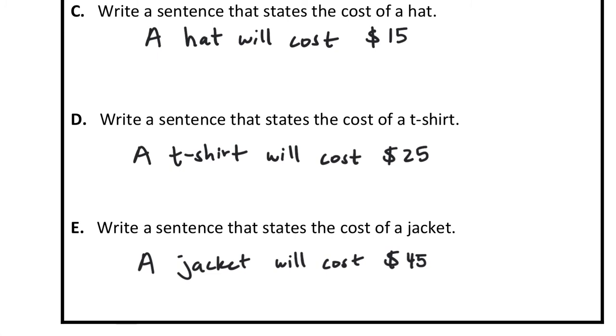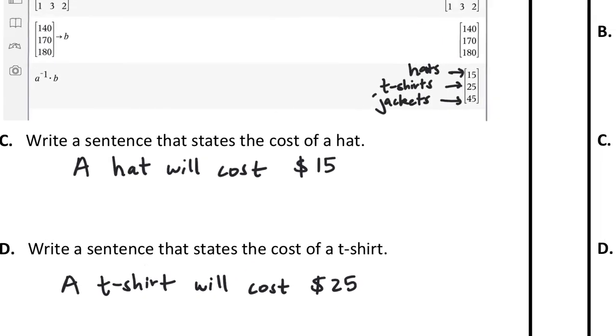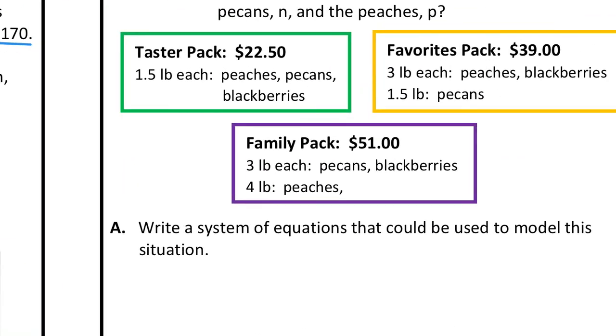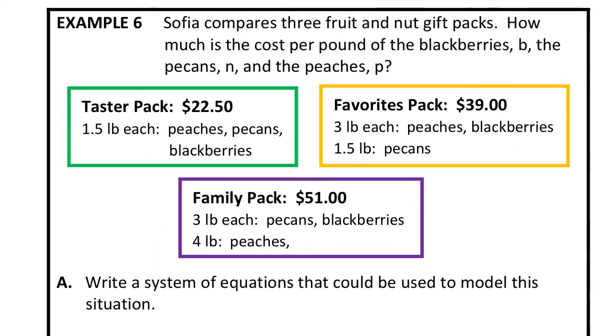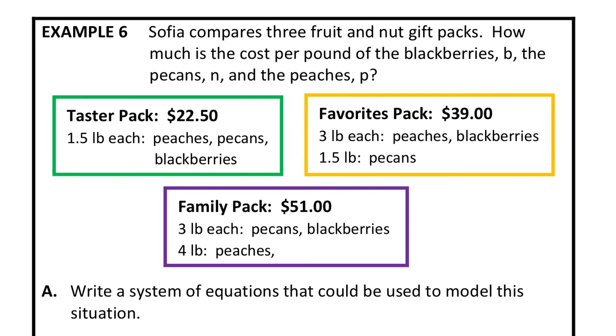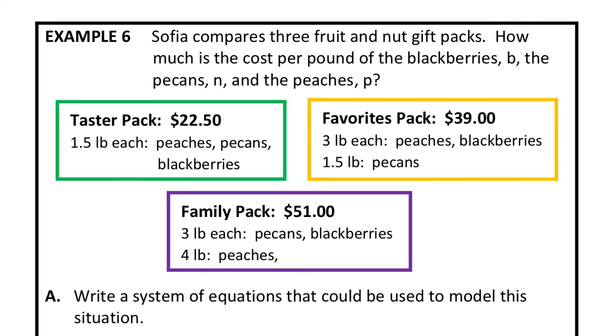All right. One more example. Okay. So last example. Sophia compares 3 fruit and nut gift packs. How much is the cost per pound of the blackberries, the pecans, and the peaches?